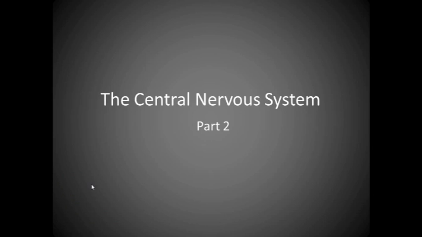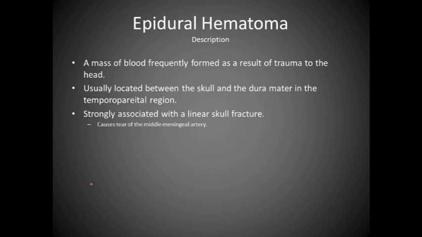The central nervous system, part two. Okay, so we'll pick up with an epidural hematoma, which, as the name implies, is going to be in the epidural space. This is associated with a mass of blood and is frequently formed as a result of trauma to the head.